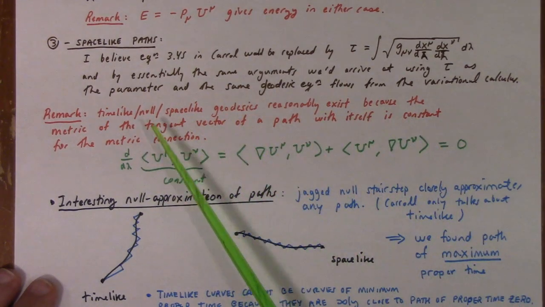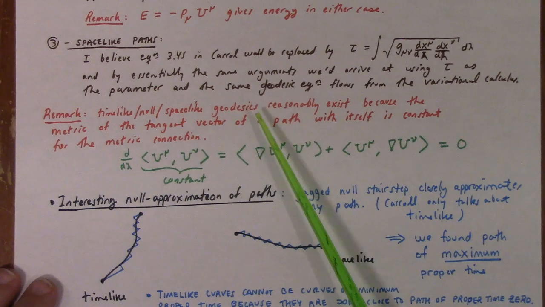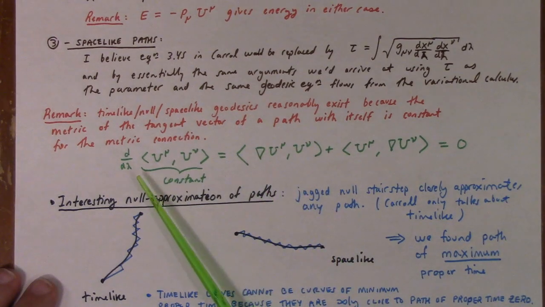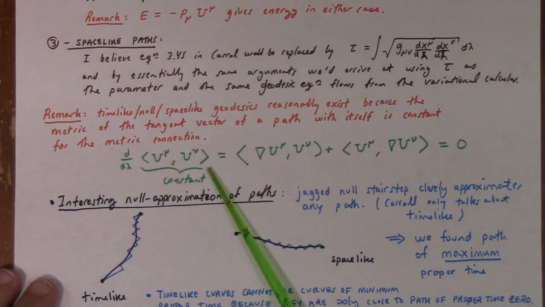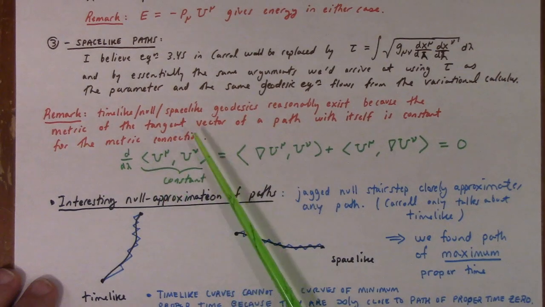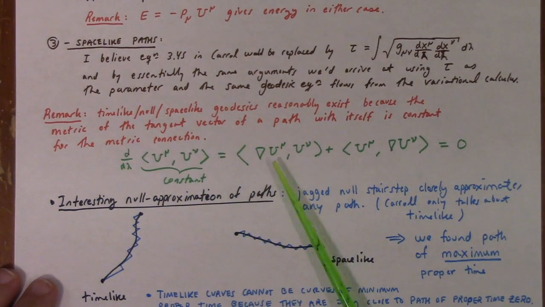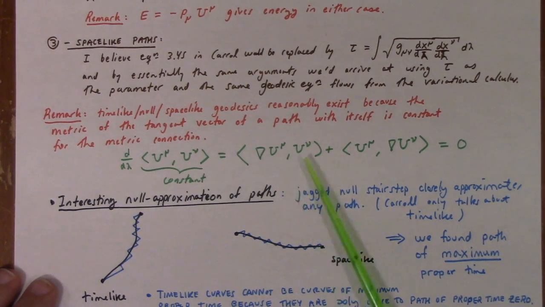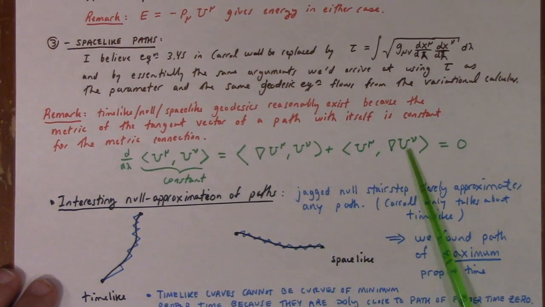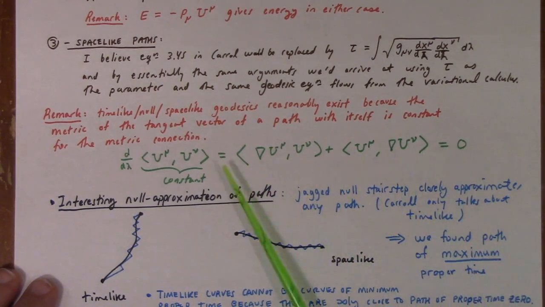So it's reasonable to suppose these sorts of things even exist, because they exist in the sense of geodesics at least. A geodesic has the covariant derivative of the 4-velocity being 0, right? And so this is 0, that's 0, so all of this is 0, which makes this be constant.